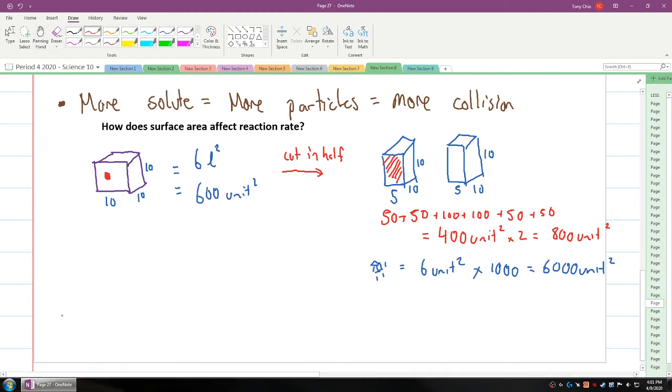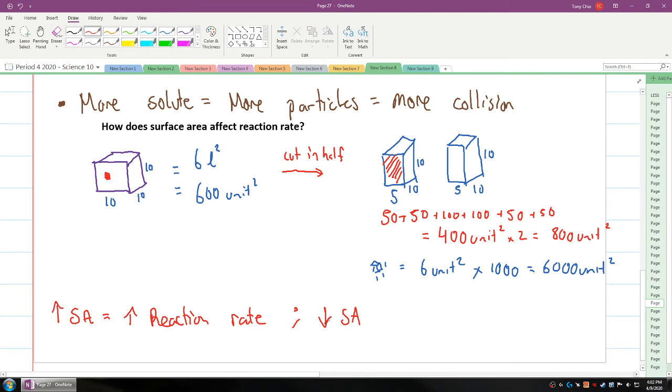So what that means is if you increase surface area, you're going to increase reaction rate. Vice versa, if you decrease surface area, this actually should be opposite. If you decrease surface area, you're going to increase. No, if you increase surface area, you're going to increase reaction rate.